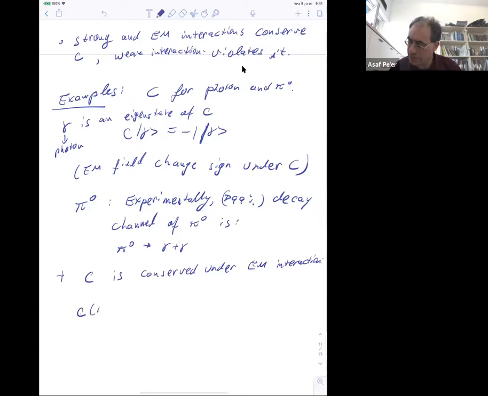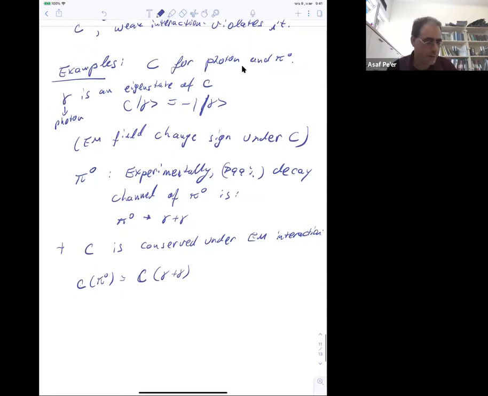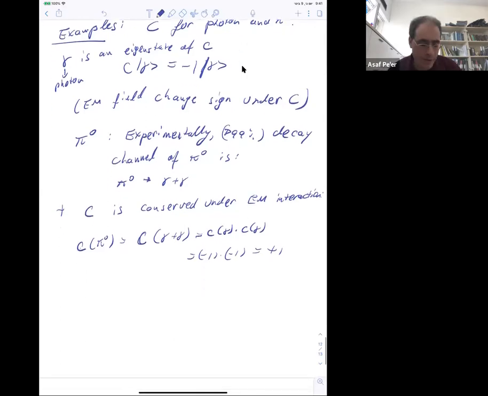So C of the pion 0 is just C of 2 photons. And we said that C is multiplicative. So that means that this is C of gamma times C of gamma. So this is -1 times -1, which is +1. That is exactly the reason why experimentally we never observed the decay of the pion into 3 photons.